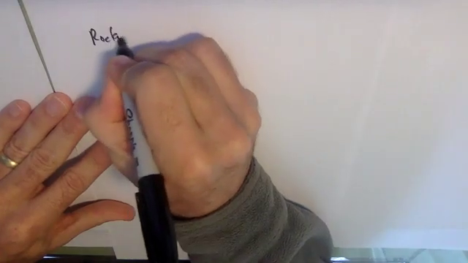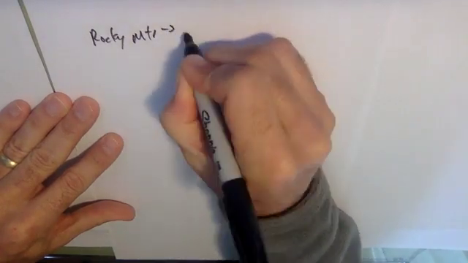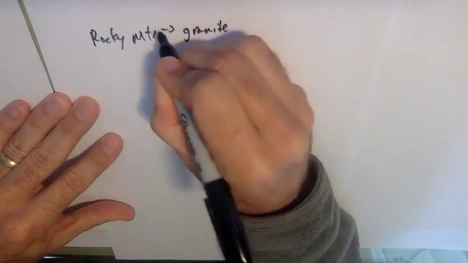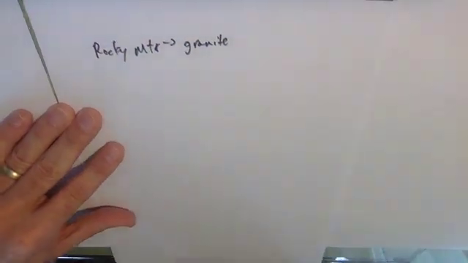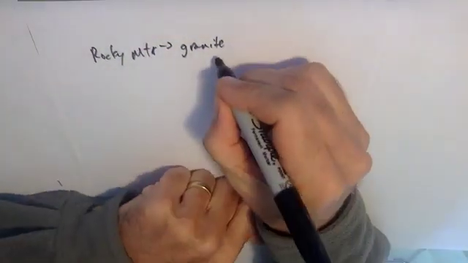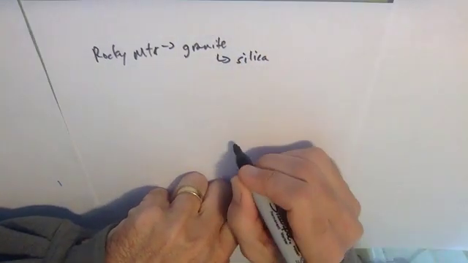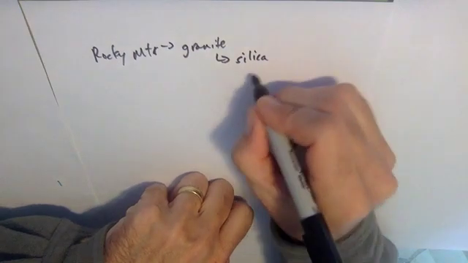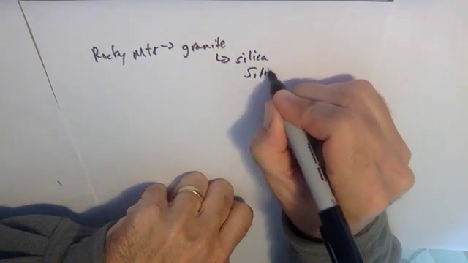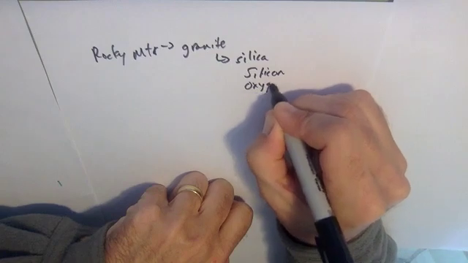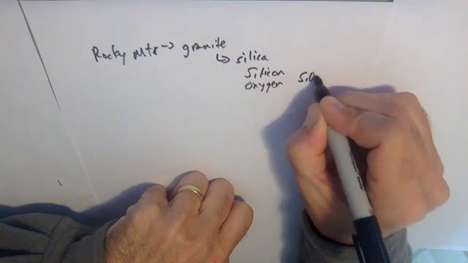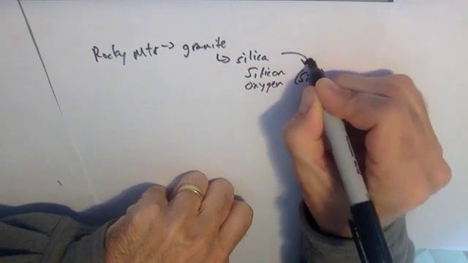For example, in the Rocky Mountains, there's a lot of granite. A lot of gold mines are in granite. And granite is composed of minerals which are based on silica. They're all derived from silica, which is silicon and oxygen. SiO4 is what silica is as a molecule.